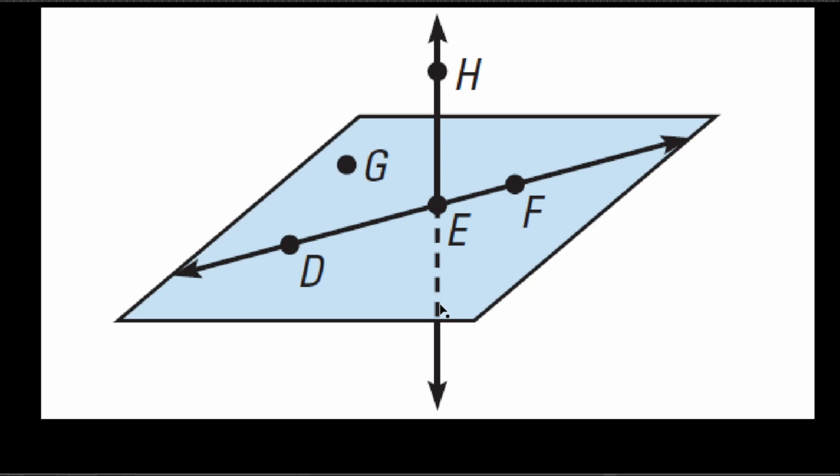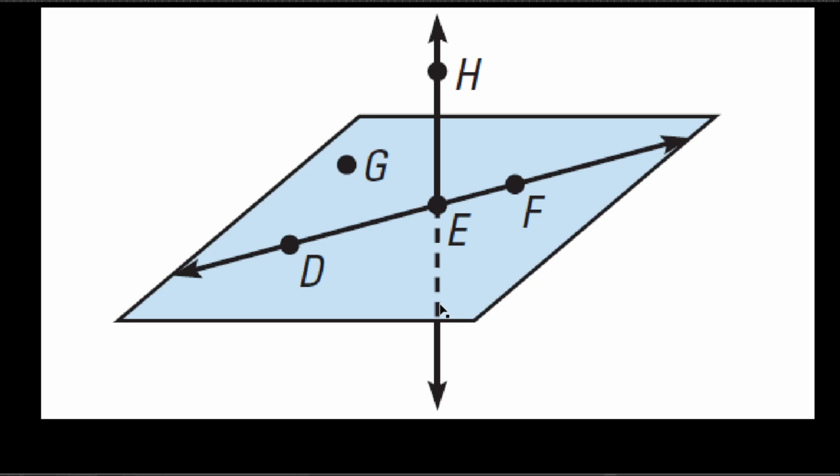Use your imagination, right? So this is the part that's at the top, the HE. This little bit is that dotted line that you can't see, and then it comes out the bottom at that solid part down the bottom. Everybody see that? So what is this line doing to this plane then? It's hitting it at one point, so it's doing what to it? We've used that word today already.